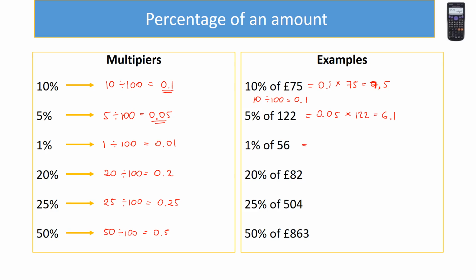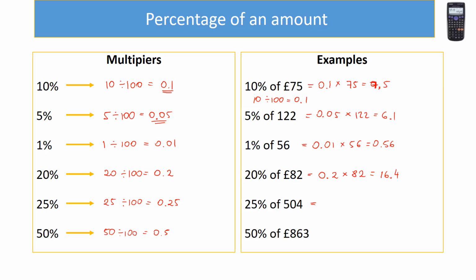To work out 1% of 56, you need to use the multiplier, which is 0.01, times it by 56, and that is 0.56. To find 20% of 82, the multiplier is 0.2, times it by 82, and the answer is 16.4.